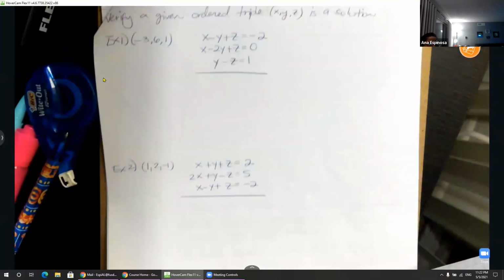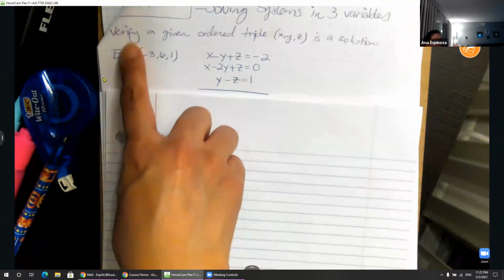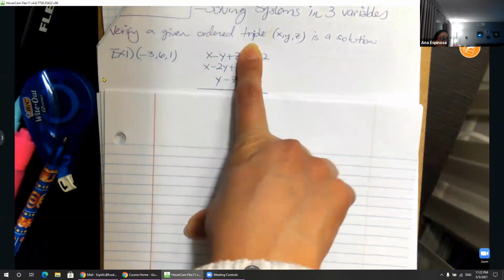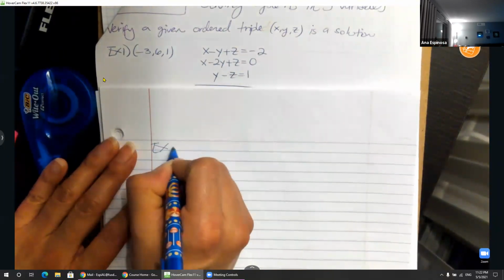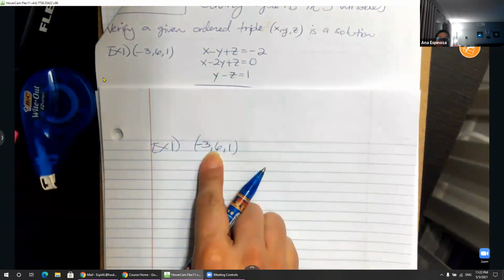All right, the first thing I'm going to do is I'm going to show you this page. This is page 7. If they ask you to verify if an ordered triplet, this is now a triplet, is a solution, you're going to take this triplet, this point, it's a point in space.